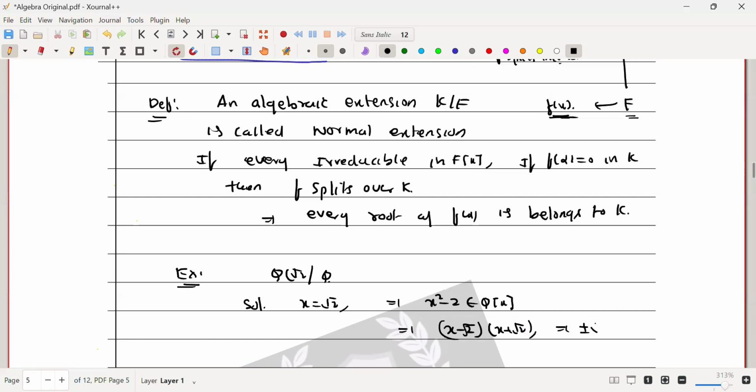Therefore plus or minus root 2 belong to Q(root 2). So the polynomial x squared minus 2 is irreducible in Q[x], and every factor belongs to Q(root 2). That means every root of the polynomial x squared minus 2 belongs to Q(root 2). So Q(root 2) is a normal extension of Q.